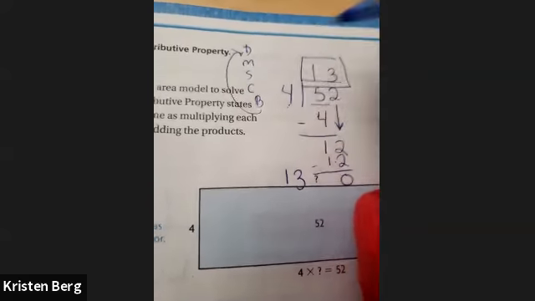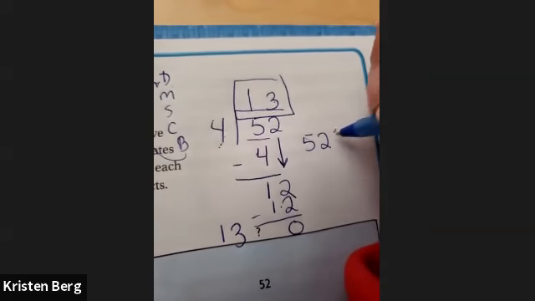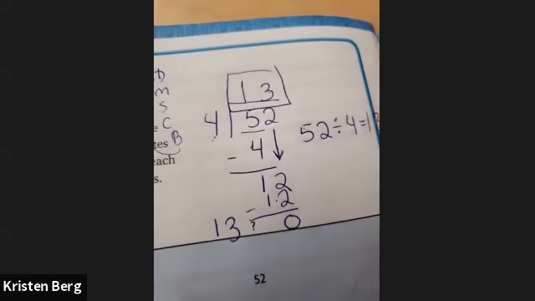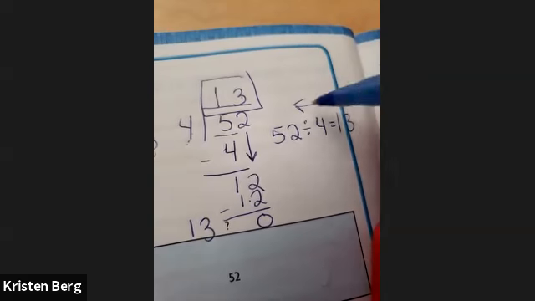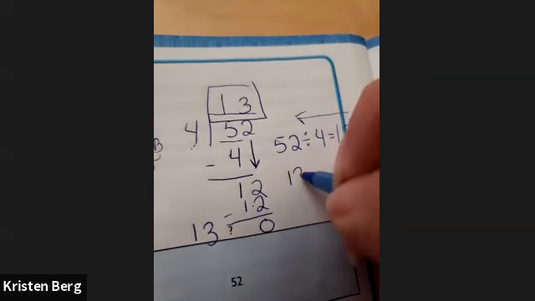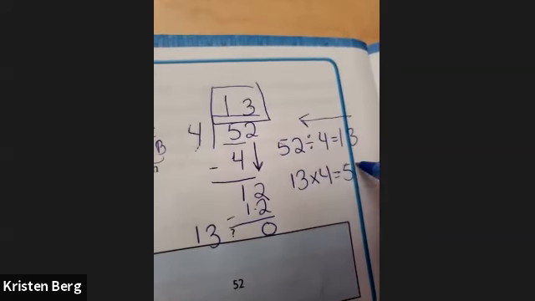So in order to find the answer, here would have been your division problem, 52 divided by 4 equals 13. But now what you could have done is worked backwards using a multiplication problem to see if it was true. So the multiplication would have been 13 times 4 equals 52.